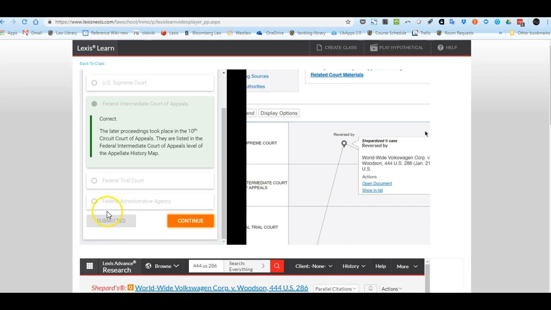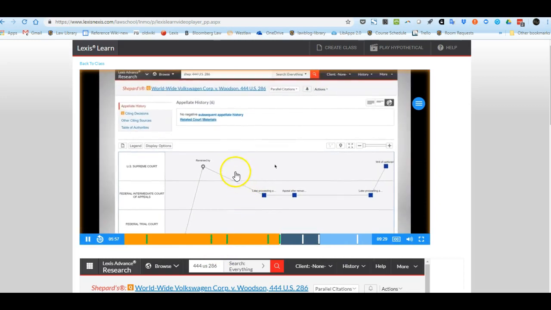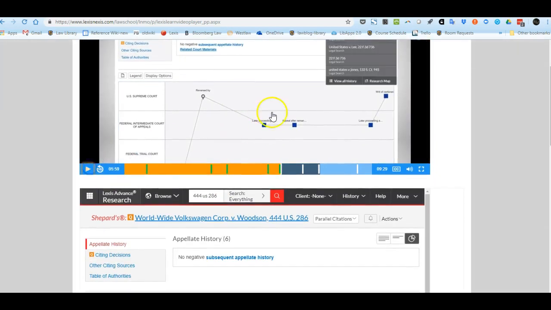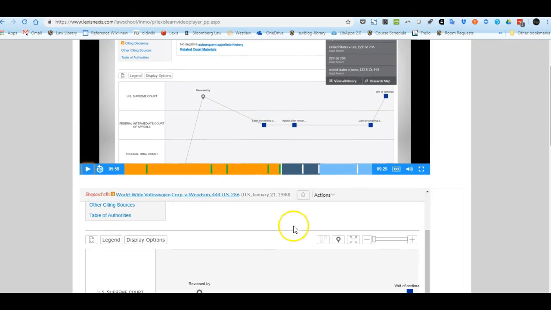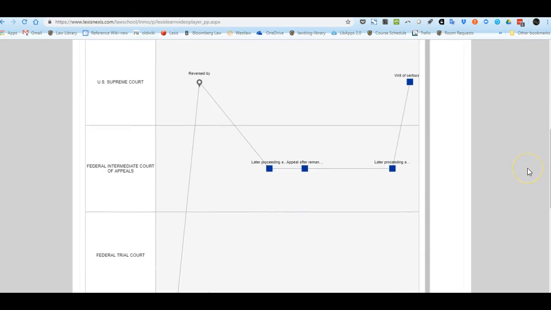The later proceedings took place in the 10th Circuit. They are listed in the federal intermediate Court of Appeals level in the appellate history map. So down here, it's going to let me scroll.